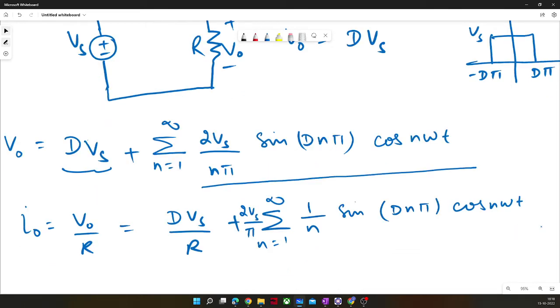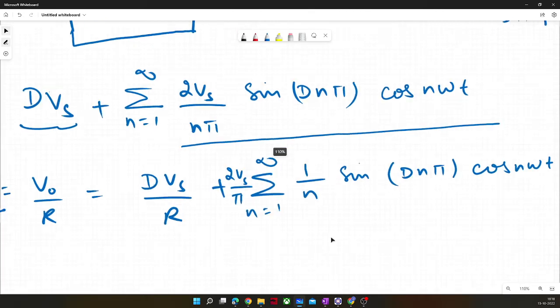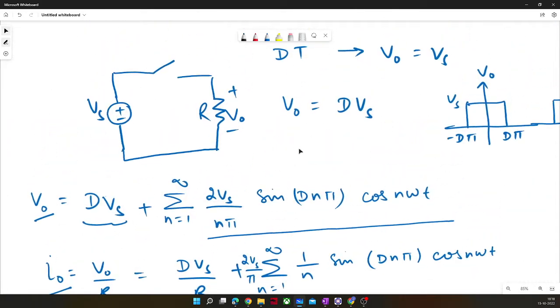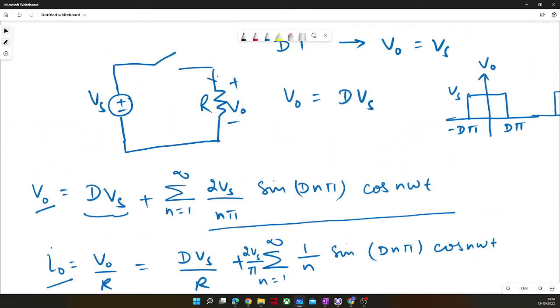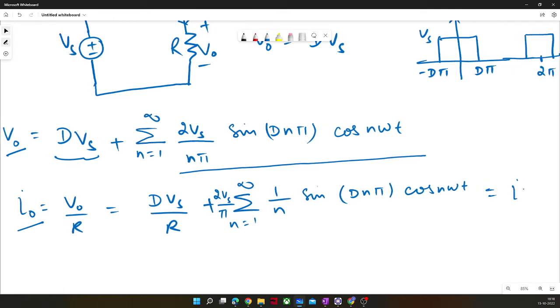Okay. So we have calculated V naught, we have calculated I naught, and I naught will be equal to Is in this circuit, right? When I naught will be flowing, that will be Is only. So I naught will be Is. So I can write it equal to Is.